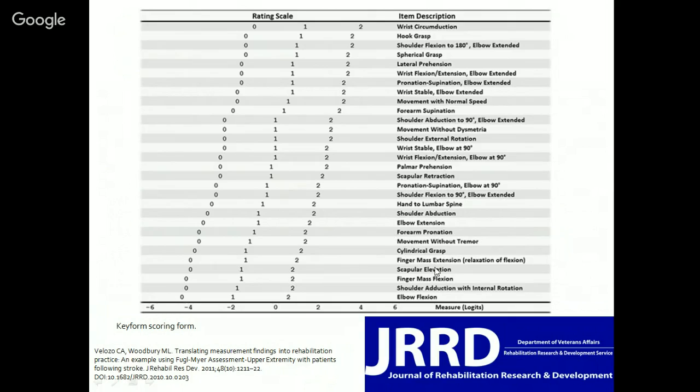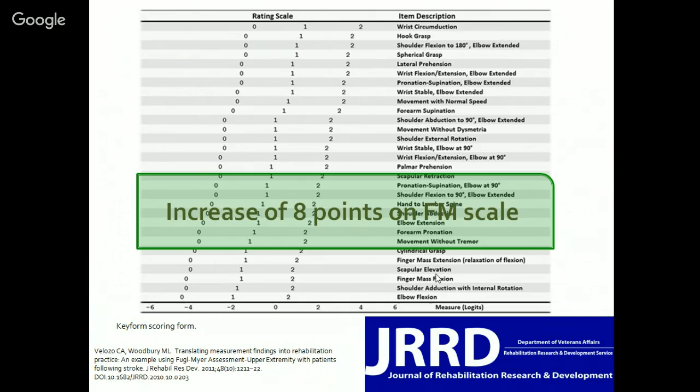Now, what they have identified after CIMT is if the patients are having very minimal ability when they come to us, then after CIMT, they have been found to improve by 8 points on the Fugl-Meyer scale.